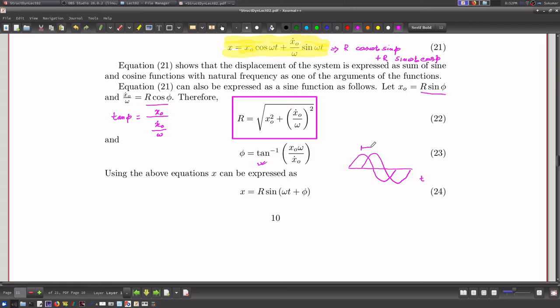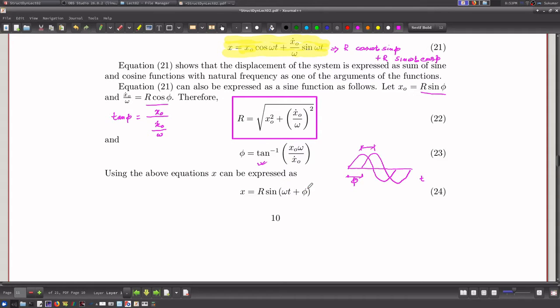So this time lead or time lag is given by this phi value, is it not? Because when t is 0, the quantity omega times t for the second quantity will be phi, right?